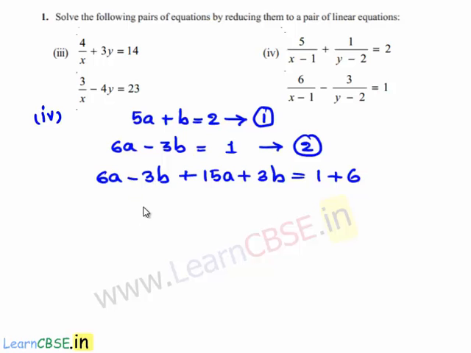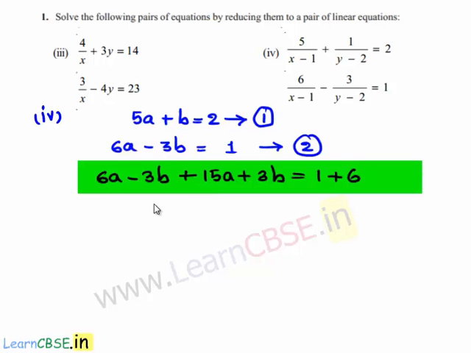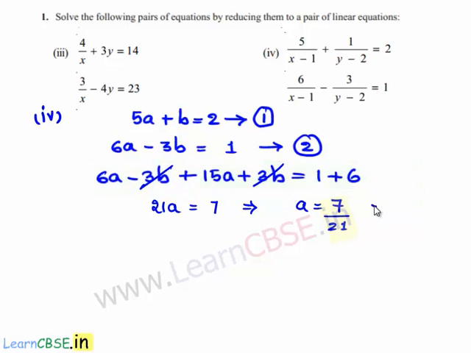Now we get 6a plus 15a is nothing but 21a, minus 3b and plus 3b will be cancelled. 1 plus 6 is nothing but 7. So we get a is equal to 7 divided by 21, which is nothing but 1 by 3. So we found the value of a as 1 by 3.